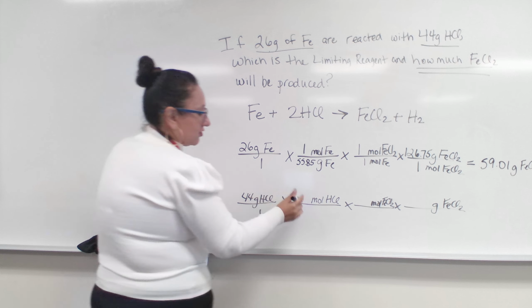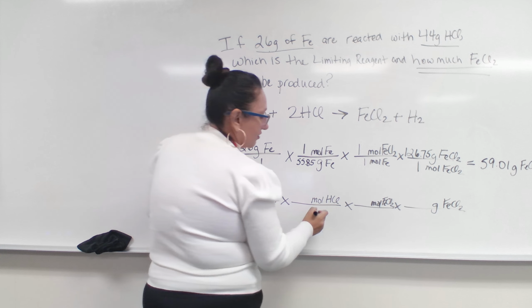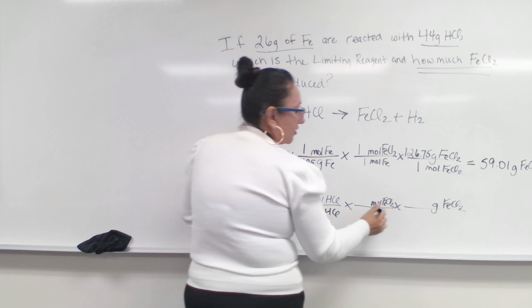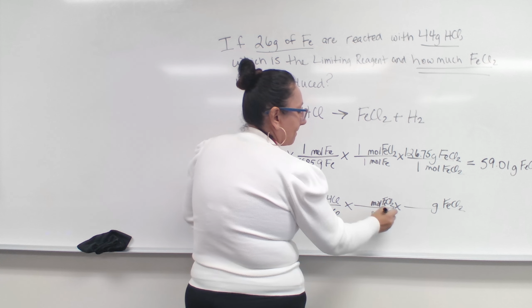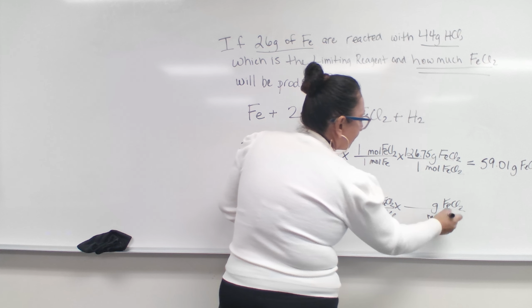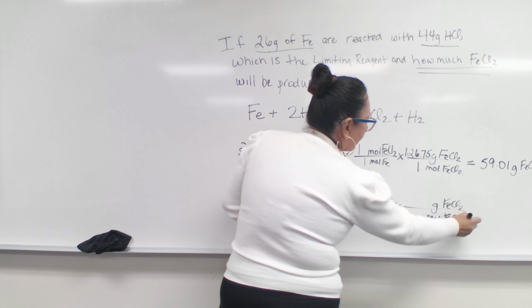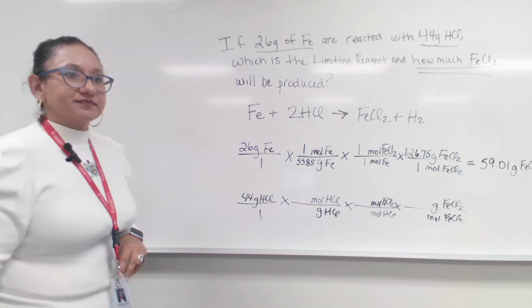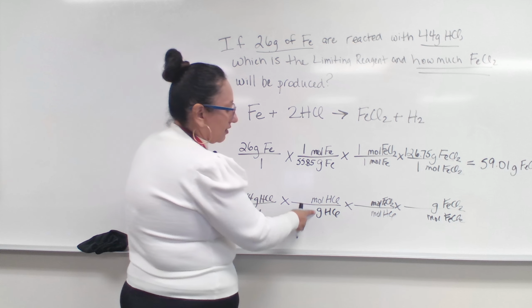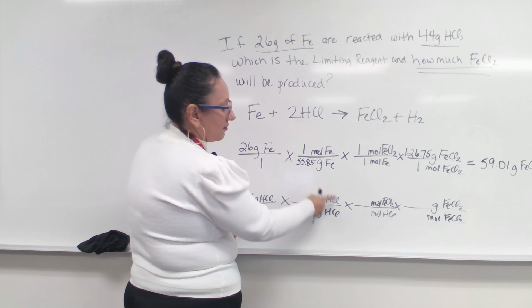All right, bringing my unit, grams of HCl, down here. Moles of HCl down here. Moles of iron chloride down here. Alrighty. Fill it in. Gram to mole of the same compound.